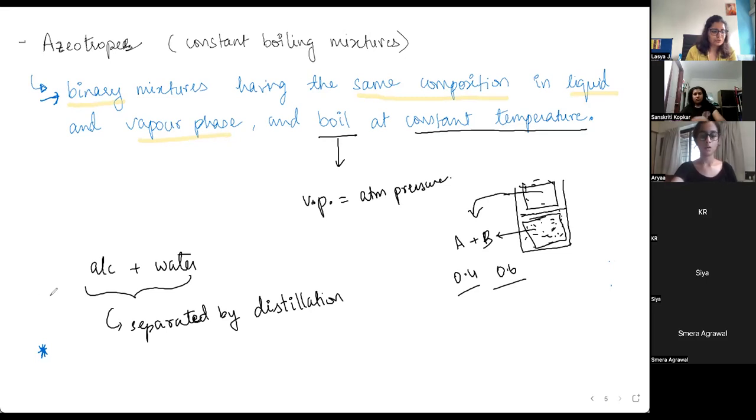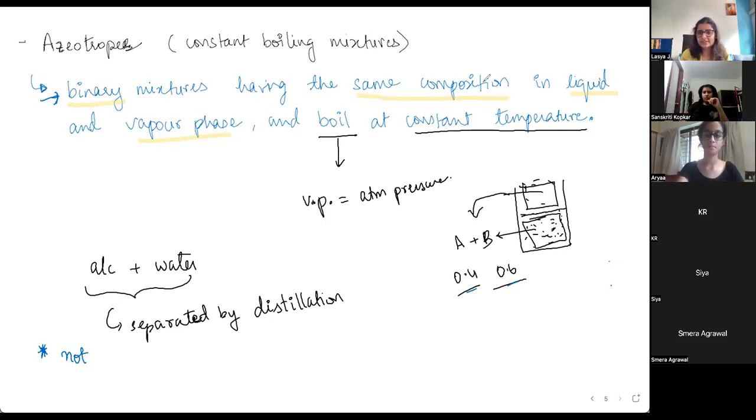Okay. So if there are two fluids which form an azeotropic mixture, and you take those two fluids with other two different fluids, then uska bhi azeotropic mixture hoga na? Like every mixture can have its azeotropic form. Yeah, again, specific conditions need to be met in terms of temperature, in terms of concentration, but yes.